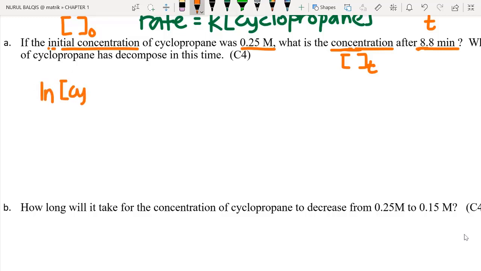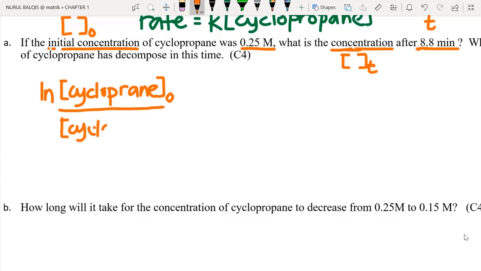This time we're going to use cyclopropane, concentration of cyclopropane at initial state divided by concentration of cyclopropane after 8.8 minutes. So this is your time. So this ln A0 over At gonna equal to Kt.